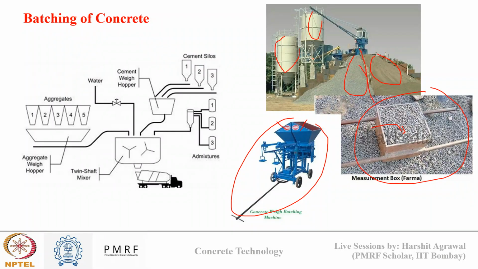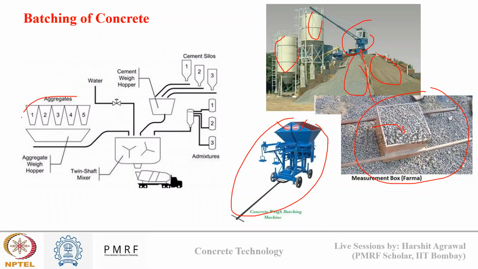Then there will be some water tanker for storing water, and some other silos where chemical admixtures are stored. And at the top, there is a control unit which takes care of weigh batching and proportioning. The control unit collects different raw materials in specific proportion from different unit storage, and pours them into the concrete mixer.